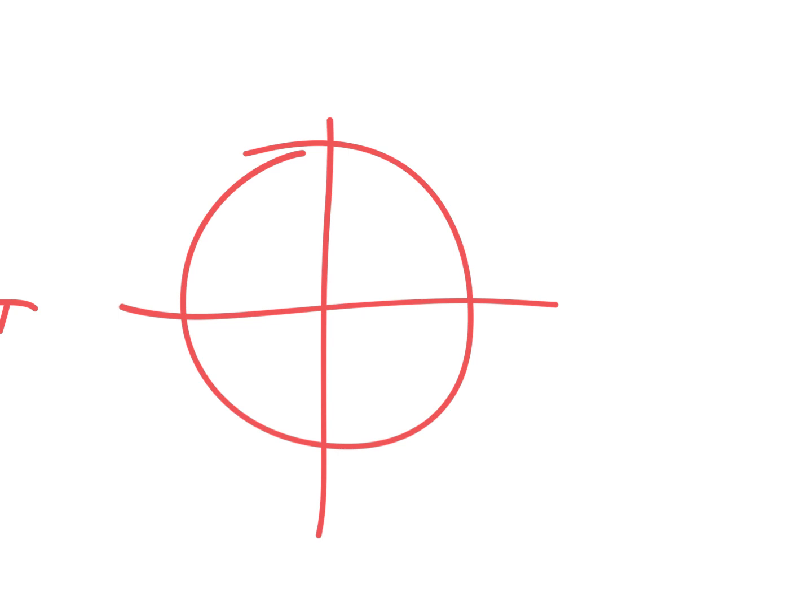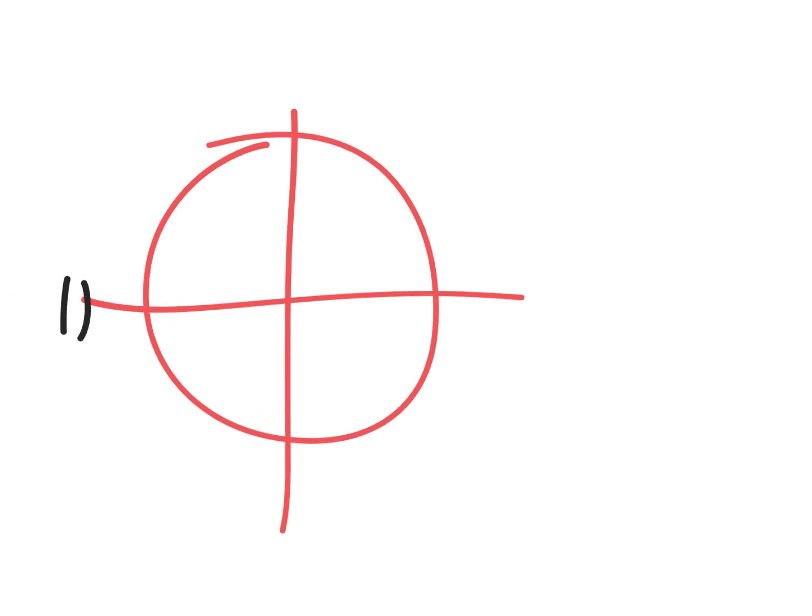2 pi over 3. So to me, the logical thing is to figure out where 1 pi over 3 is, and then double that. Where the heck is 1 pi over 3? I always go back to that's where pi is. And if I want to go to 2 pi over 3, first I'm going to go to 1 pi over 3, and then I'm going to go twice that far.